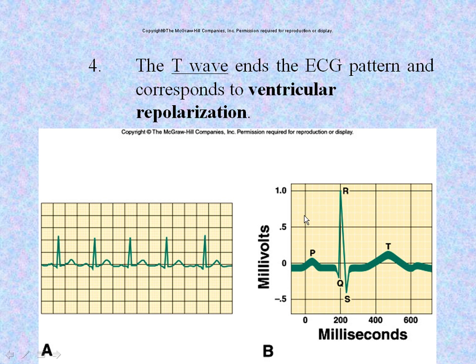Whereas the atria contract, or basically get excited and contract and then in essence relax afterwards, we want the ventricles to do the same thing. And here we're going to see the ventricles doing their depolarization or their contraction, and then they need to repolarize back here at the T wave. So it's atria depolarize and then repolarize here. It's ventricles also depolarizing here, giving us a very big wave, and then repolarizing over here at the T wave.